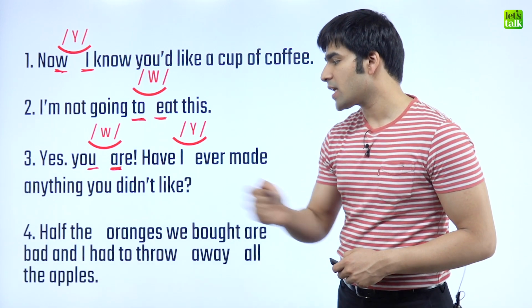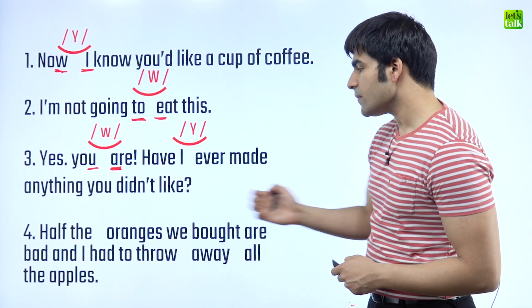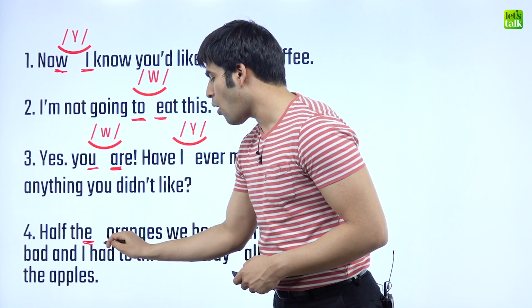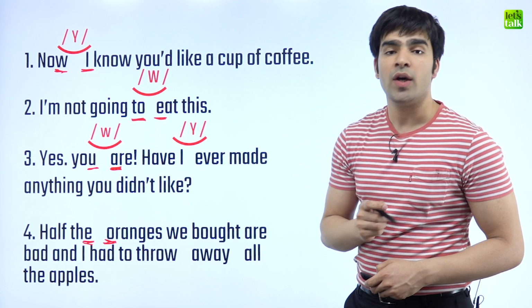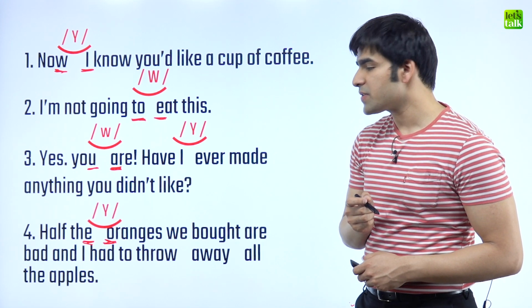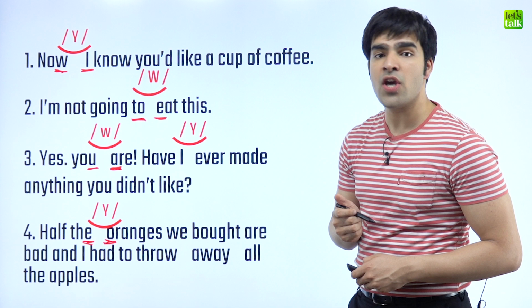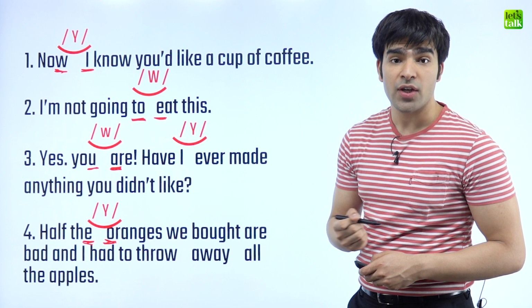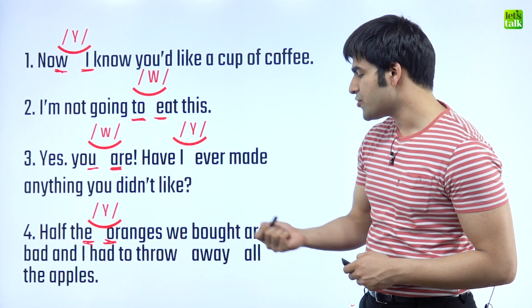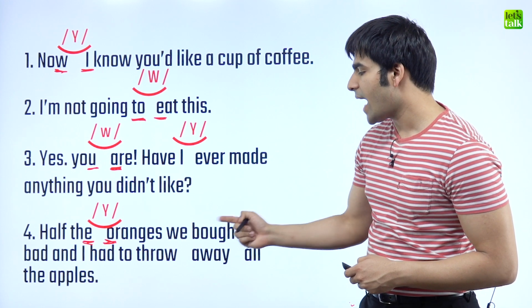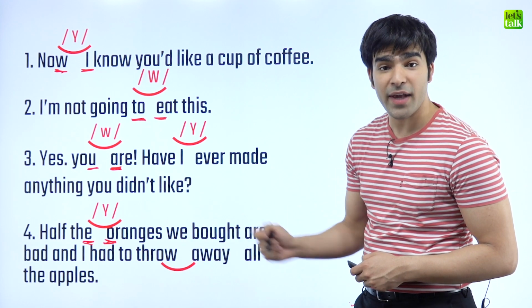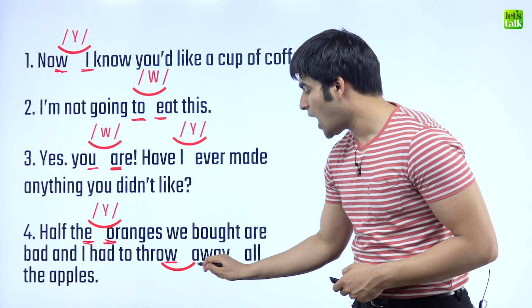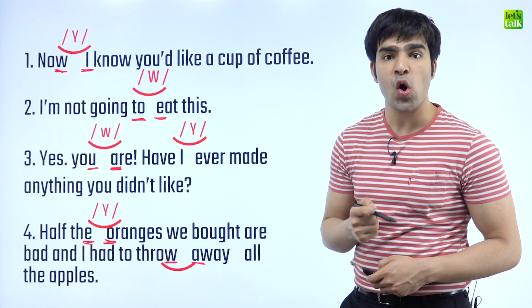The next sentence is, half the oranges. Half the oranges. The e joins with o, and the sound that it produces is the ya sound. Half the oranges. Half the oranges we bought are bad and I had to throw away all the apples. Can you guess what this is?